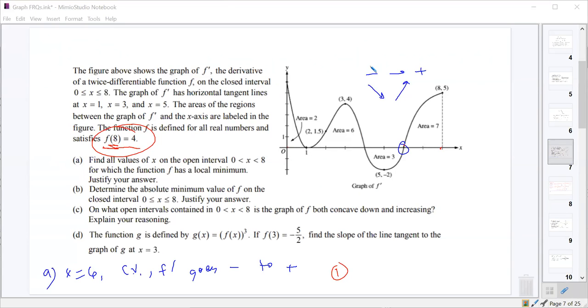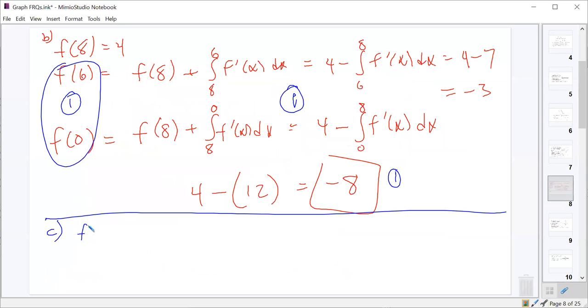Okay, part C, we want to know when is f both concave down and increasing. So f is concave down if f double prime is less than 0, and it's increasing if f prime is greater than 0. If f double prime is negative, that tells us that f prime must be decreasing.